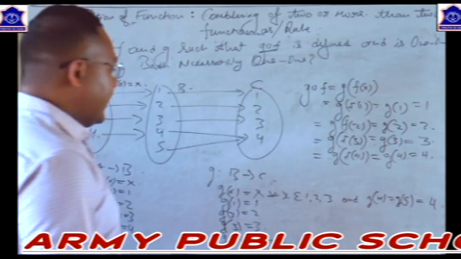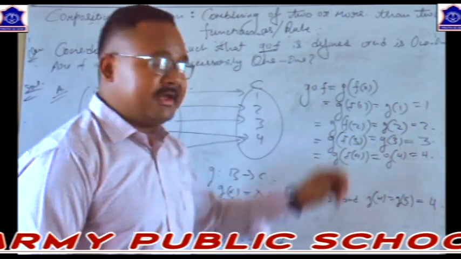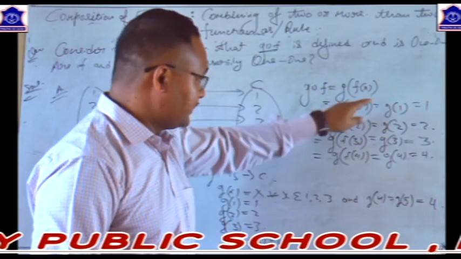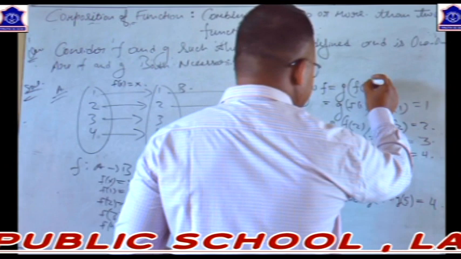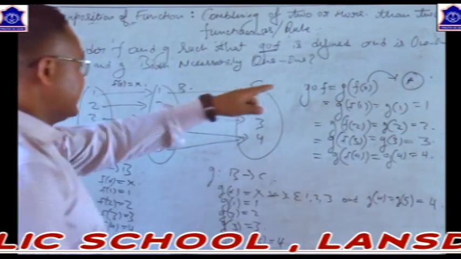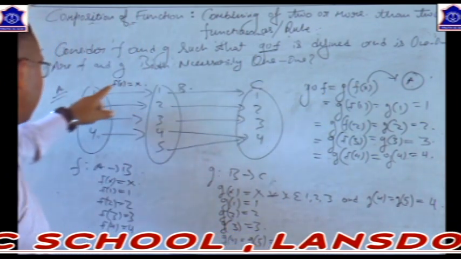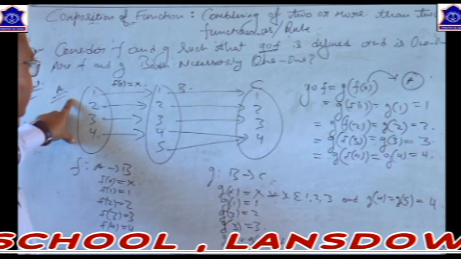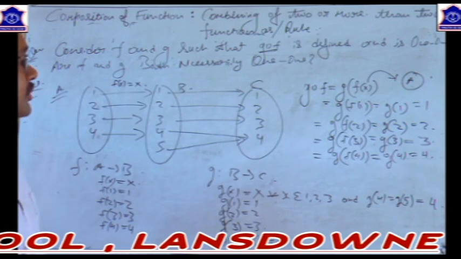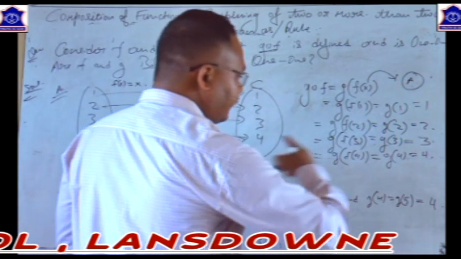Okay, as now we are talking about g of f, that is g of f(x). So x, ये जो x है, x is an element of domain of f function जो कि है A set जिसमें 4 elements हैं 1 2 3 4. So we will check for only 4 elements.